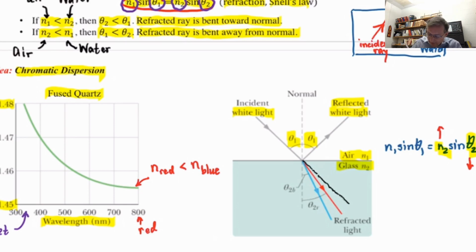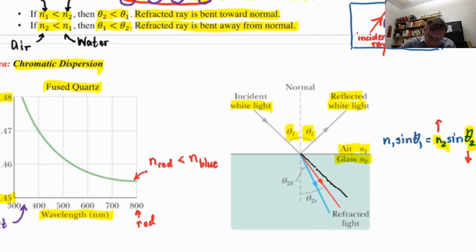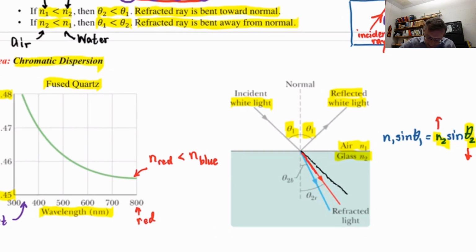So if the n for red light is less than the n for blue light, then the theta 2 for red light must be larger than the theta 2 for blue light. And this is exactly what the picture shows, right? The theta 2 refracted for the red light is larger than the theta 2 refracted for the blue, by what may seem like a small amount, but what is definitely observable.